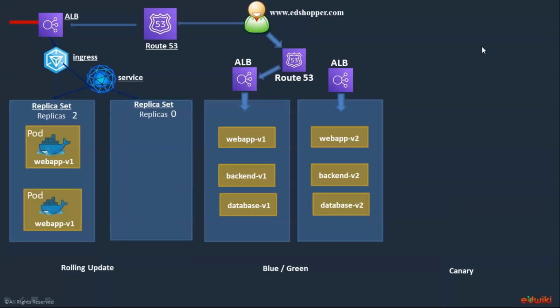Usually when you are switching the DNS entries between the blue and the green, yes, there will be a slight glitch for whoever is accessing the application. I will not call this downtime, but there will be a slight glitch exactly when it is doing the switching.